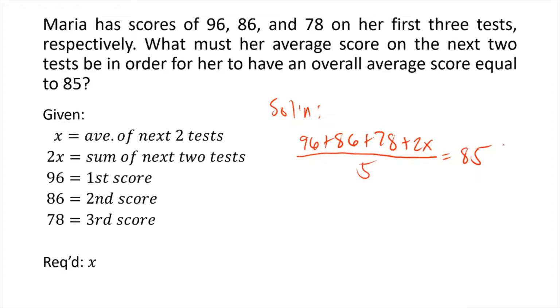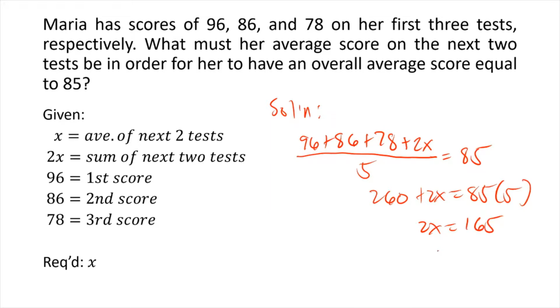Okay, and then let's solve for x. We can multiply both sides by 5, then combine all the constant terms. 96 plus 86 plus 78, that's 260, plus 2x equal to 85 times 5. So 2x equals 85 times 5, that's 425, minus 260, that's 165.